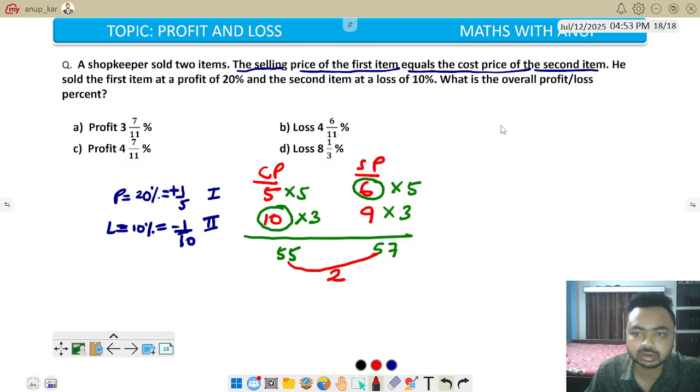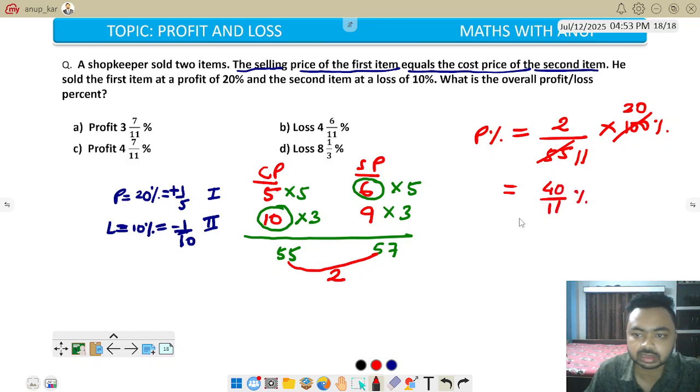Profit percentage equals overall profit 2 by cost price 55 into 100 percent. We divide by 5 and 5, so we get 20 and 11, so it will be 40 by 11 percent, which comes to 3 7 by 11%. I hope it is clear.